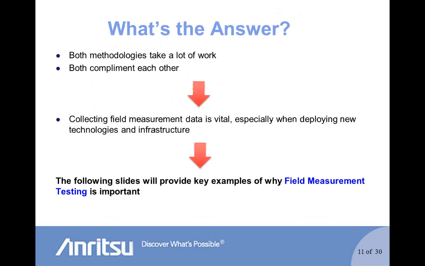So what's the punchline, right? Which one's better? Is it network collected data or is it field measured data? And basically the answer is they complement each other. I don't think you could leverage one without having the other because each has its own distinct benefits. But for this slide, we want to show a couple of technical examples of field measurement and why that's beneficial.